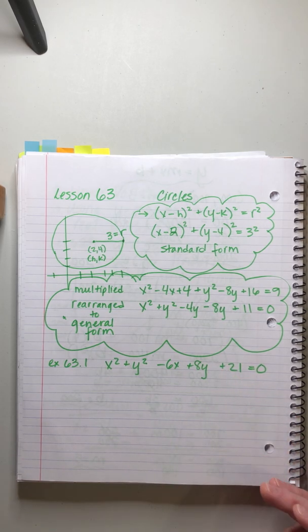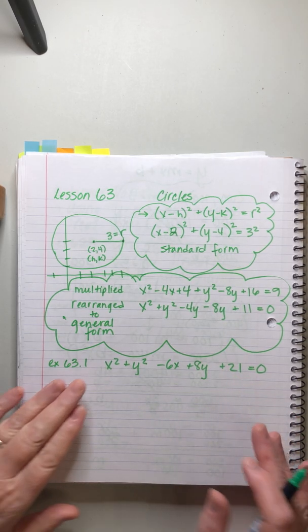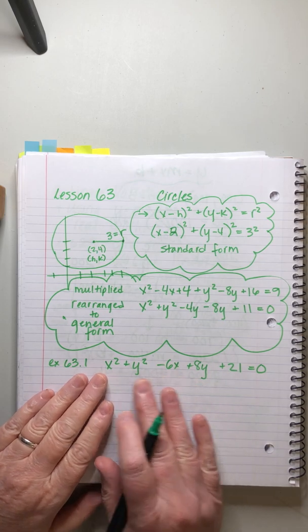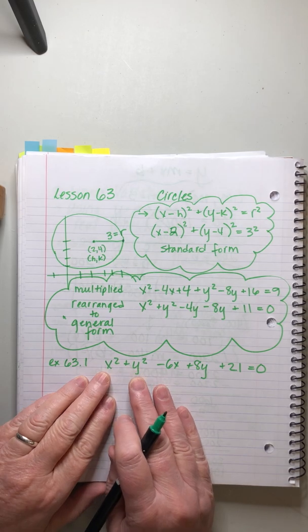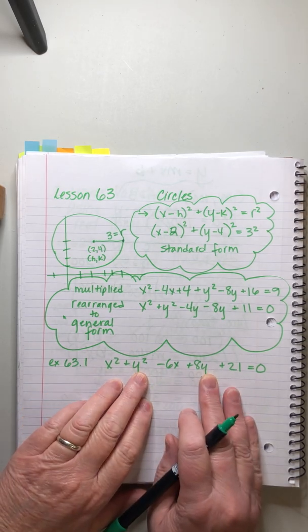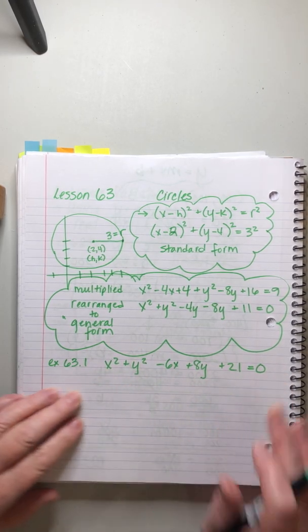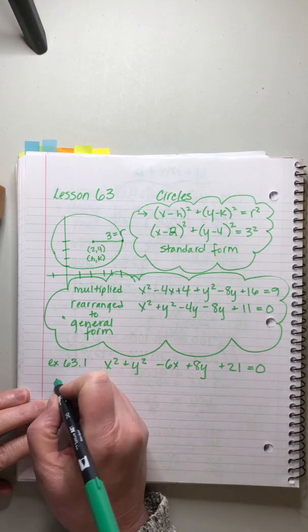So what we want to do on the first pass is we want to regroup these. Remember how this was like this? We want to group the x's together and the y's together, and then we're going to kick the number to the curb. So let's look at that. I'm going to give myself a little more room.